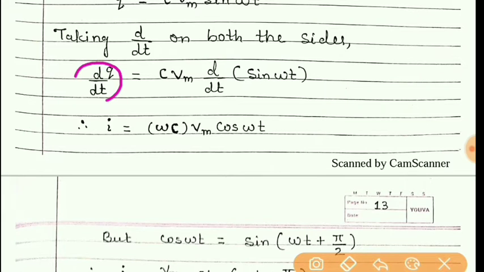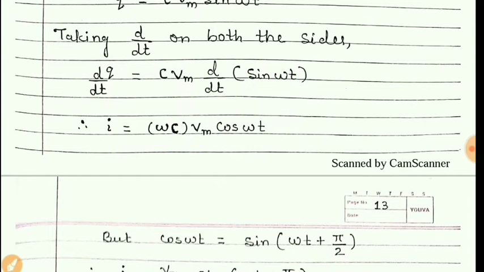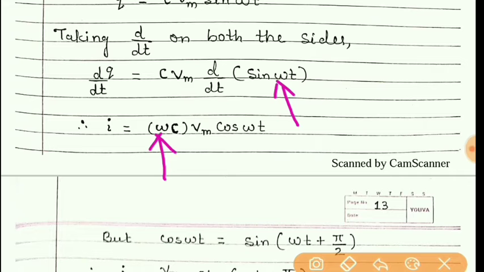But dq by dt is I, the current, and when we differentiate sin omega t, it will be cos omega t, but omega is a constant here, so applying the chain rule we have to multiply by this constant, so it is here. Rest of the things are as they are. Students, remember that when we integrate, according to the chain rule this omega is divided, but here it is differentiation, so this omega is multiplied.